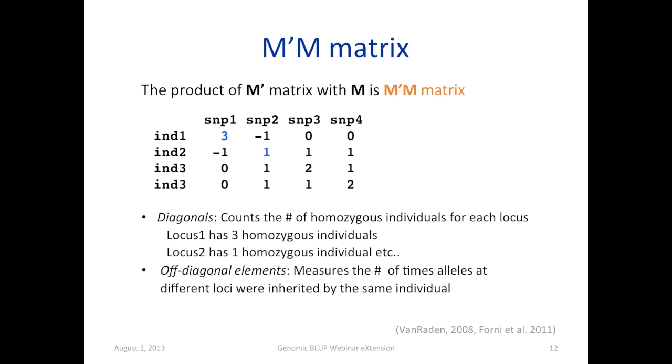For example, locus 1, which is SNP1, has 3 homozygous individuals. So going through the diagonal elements, you can tell how many homozygous individuals each locus has. And off-diagonal elements measure the number of times alleles at different loci were inherited by the same individual.